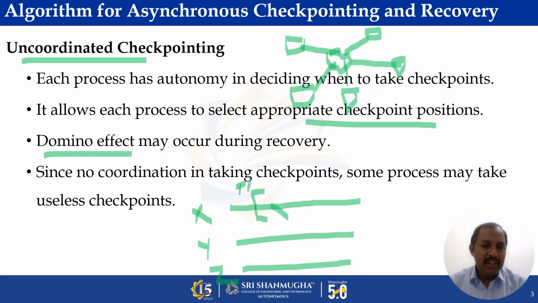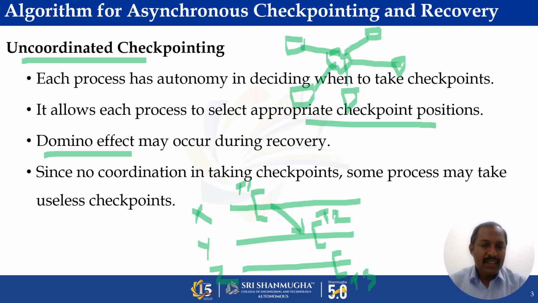After taking the checkpoint, it also sends a message to Y. Y takes a checkpoint at time T2. Next, Z takes a checkpoint at time T3. Here, what is the problem?